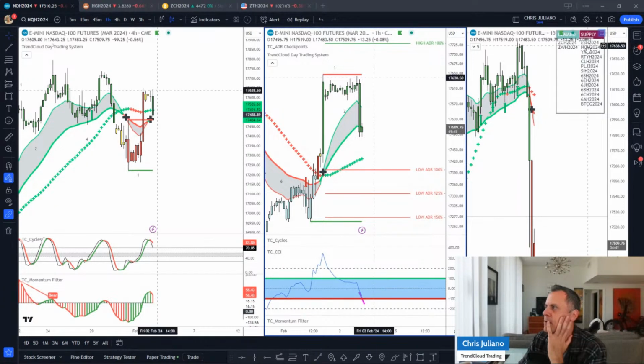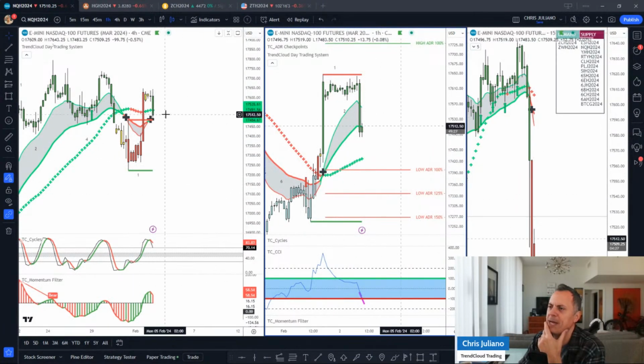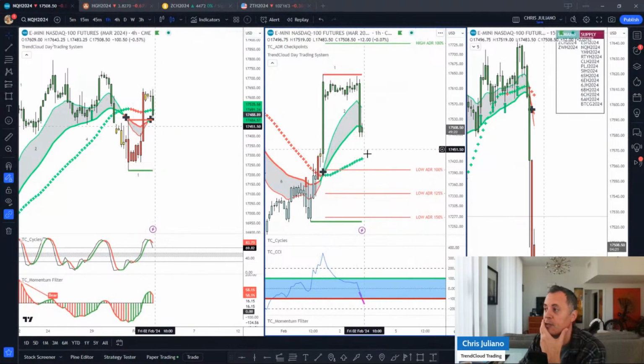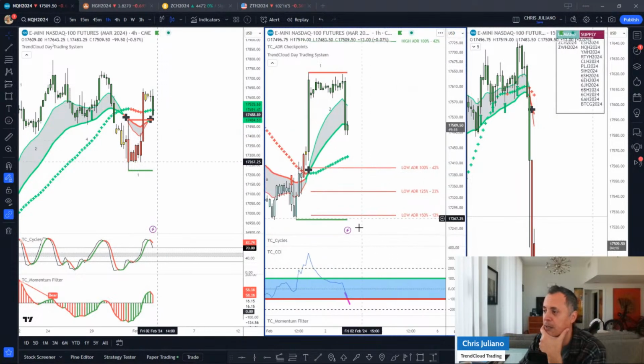Let's see here. So on the NASDAQ, we've got a few more minutes till the open, but what are we looking at here? We are cycling back. We're pulling back, right? We're kind of going sideways on the NASDAQ, pulling back into this ADR level, okay?